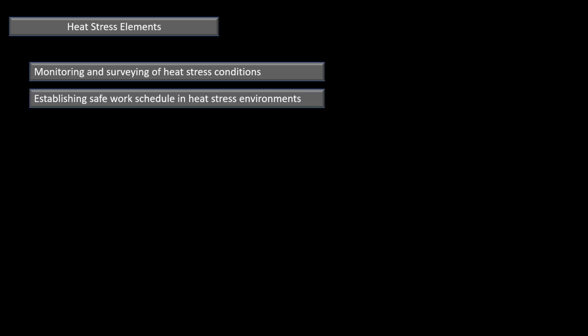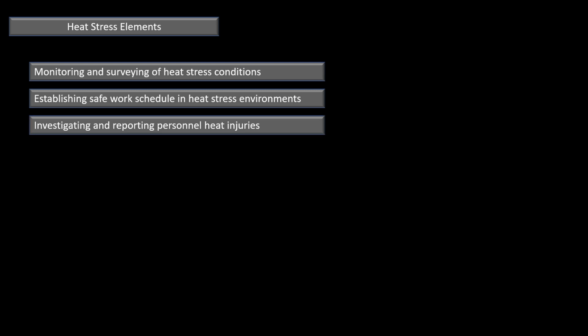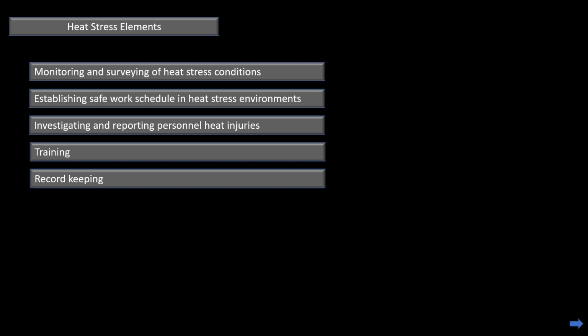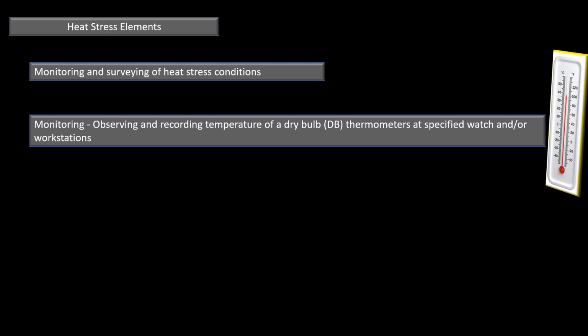Heat stress elements are going to include monitoring and surveying of heat stress conditions, establishing safe work schedules in heat stress environments, investigating and reporting personnel heat injuries, training, and then record keeping. Monitoring and surveying of heat stress conditions, right? We monitor by recording dry bulb temperatures, okay?